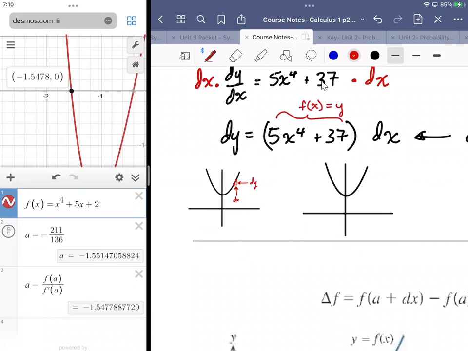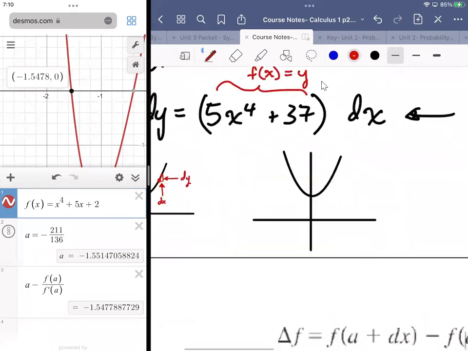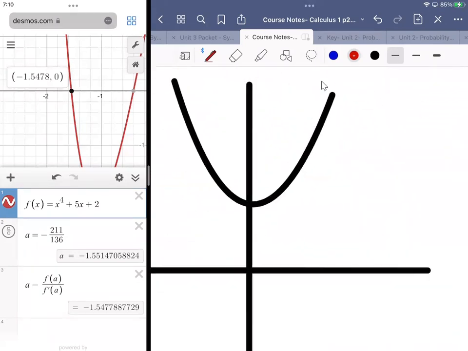Any coordinate in space is defined by its horizontal distance and its vertical distance, as in the distance from the y-axis followed by the distance from the x-axis. So if I'm focusing in on, let's say, this point right here, same idea. It would have some distance x corresponding with some distance y.